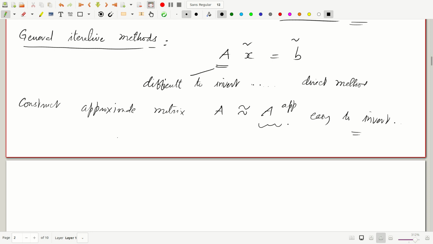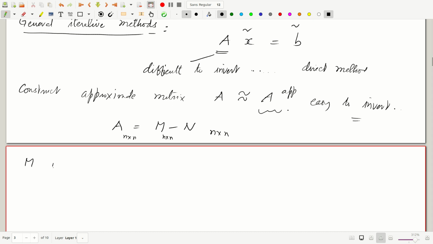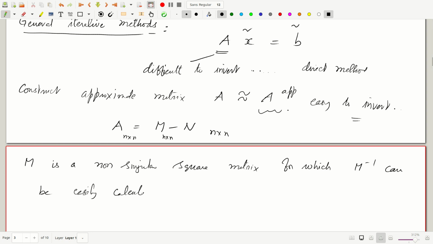That is where the idea lies. Essentially, if you have a matrix A, you're going to split it up into M minus N, where M and N are both matrices of the same size n by n. If A is an n by n square matrix, you write M minus N, where M itself is a non-singular square matrix for which M inverse can be easily calculated.